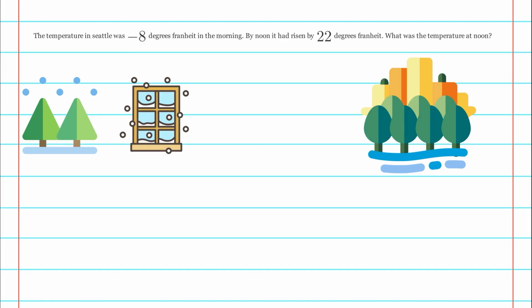Now let's break it down into some mathematical parts. We can consider the morning temperature as the initial temperature, which is negative 8 degrees Fahrenheit, and the change in temperature, which is 22 degrees Fahrenheit. To calculate the final temperature, we add the initial temperature and the change in temperature. We add negative 8 and 22.